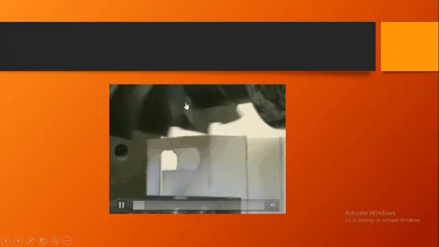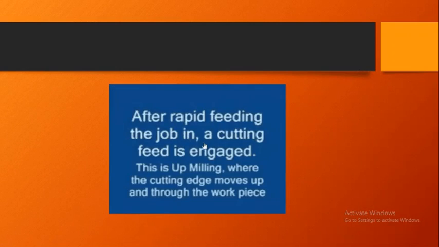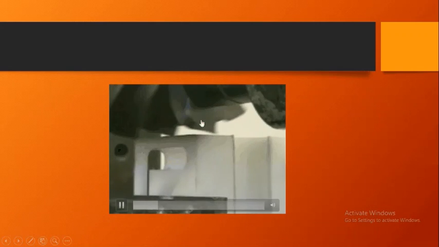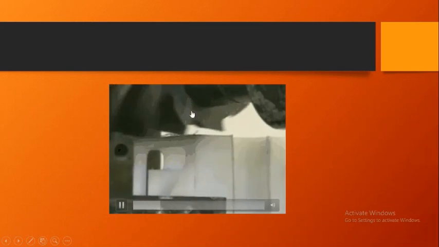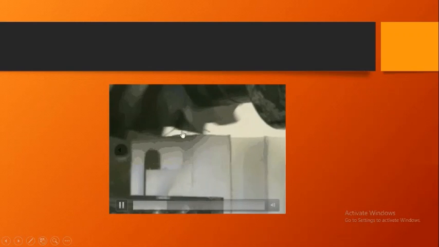This is the milling cutter which rotates and this is the workpiece. During the contact, the edges on the milling cutter will remove the material from the workpiece surface in the form of these visible chips.